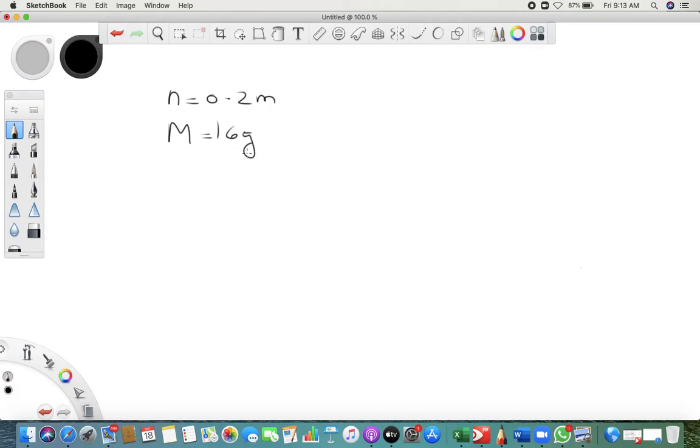Again I am telling you, this 16 gram will be provided in the question only. We are finding small m. So we know the formula, small m is equal to capital M into n, 16 into 0.2, so that is equal to 3.2 gram. That's it. Okay.